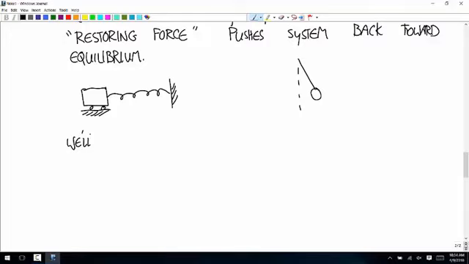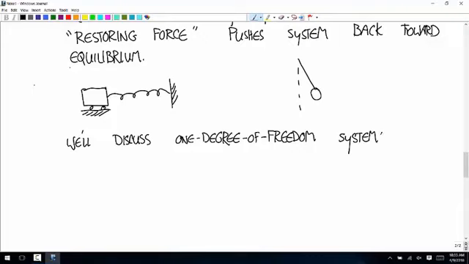So we'll discuss just 1 degree of freedom vibrations, and the ideas apply to more degrees of freedom. 1 degree of freedom just means that something has 1 degree of freedom if you could figure out a way to represent its position using a single variable, whether it's an angle or a linear position, a length from something.